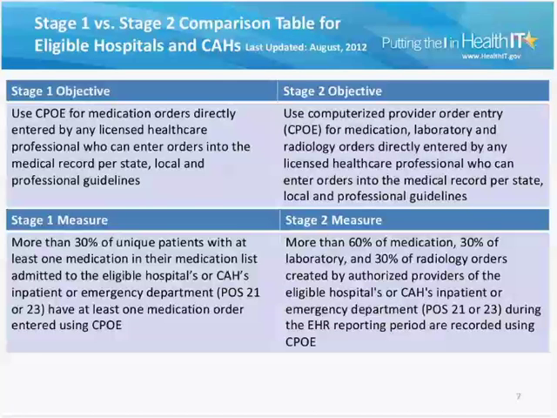The difference for Stage 2 is that it adds laboratory and radiology orders in addition to these medication orders. Medication order CPOE goes from 30 to 60% as far as the Stage 2 measure, and for laboratory, it's 30% by CPOE, and for radiology, it's 30% of radiology orders by CPOE.